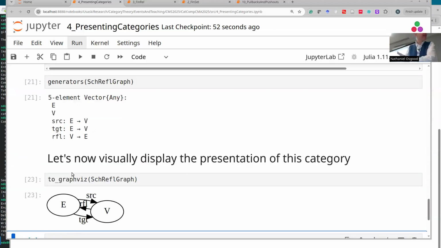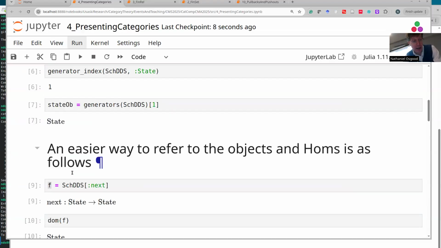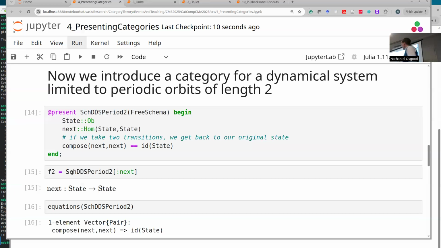Okay, Xiaoyan, any question about this? So what we've done here is we've looked at finitely presented categories, and just because a category is finitely presented doesn't mean that the number of morphisms generated from it couldn't be infinite.